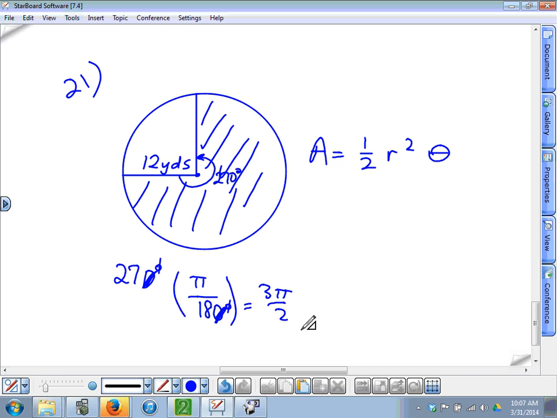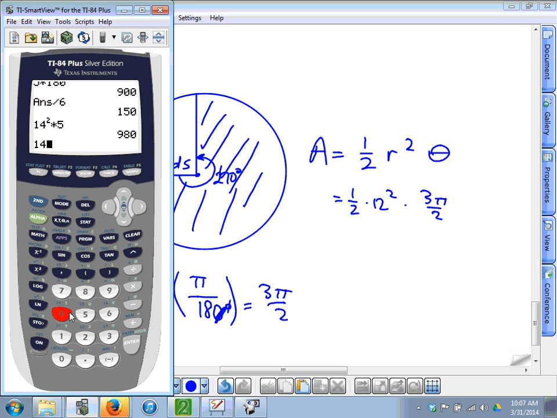So it would be 1/2 times 12 squared times 3 pi over 2. So the 12 squared is 144. 144 times 3 is 432.